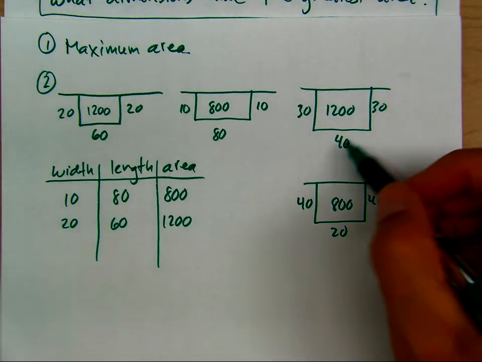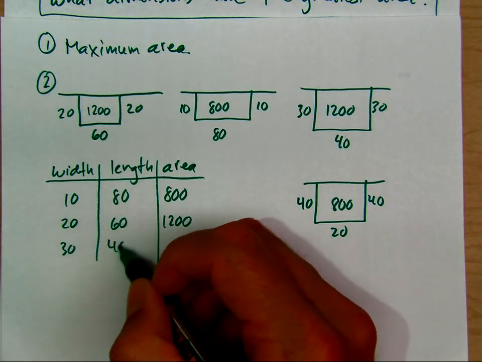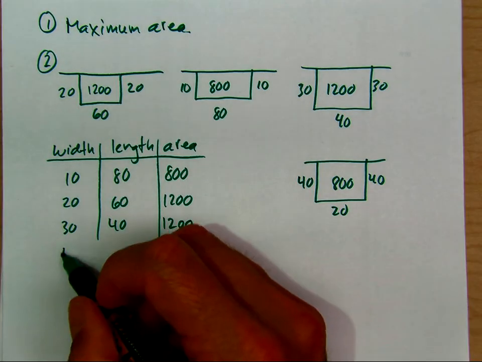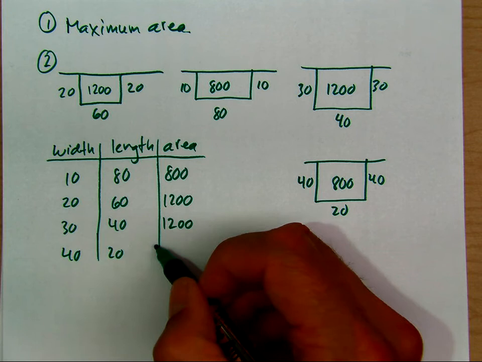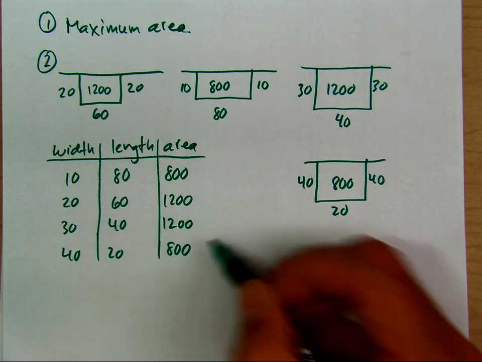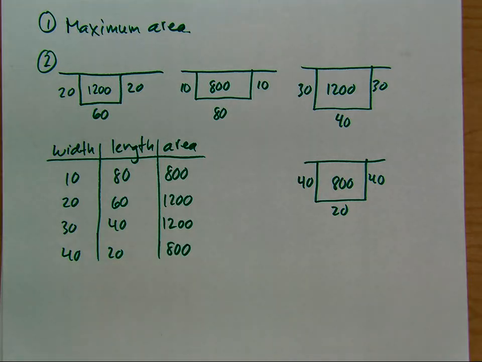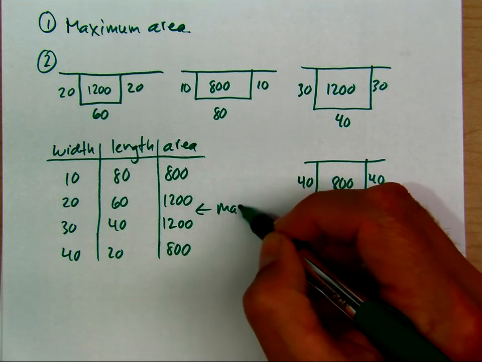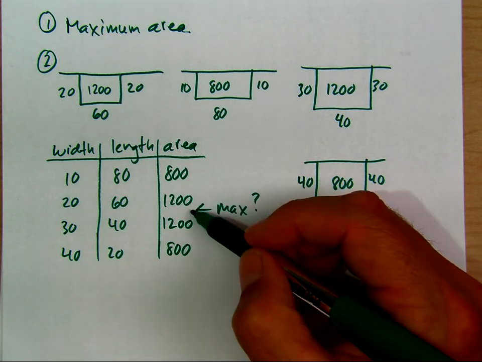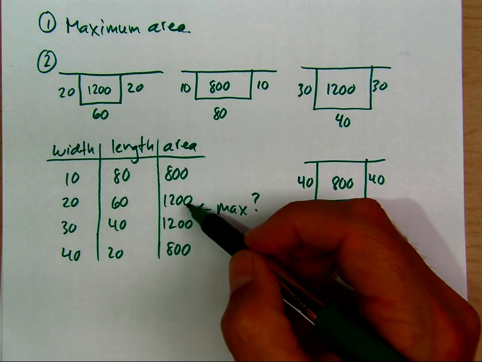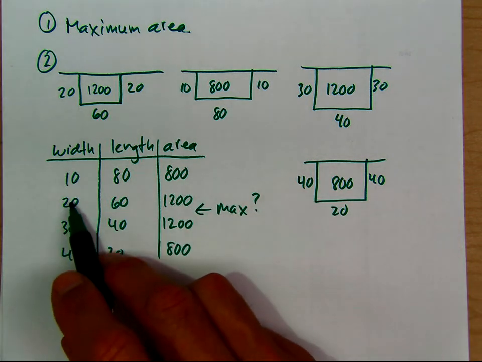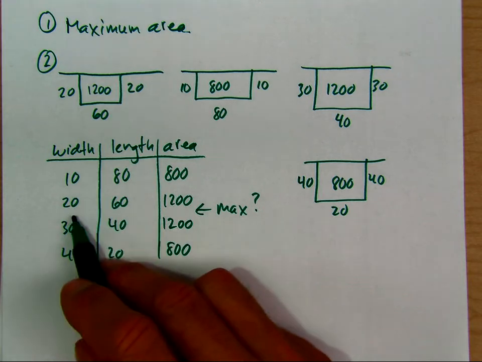Here we have 30 by 40, 1200. And now we go to 40 by 20, and that took us back down to 800. So now we can see that the maximum area is going to be above 1200, and is that going to occur somewhere with a width of 25 maybe?